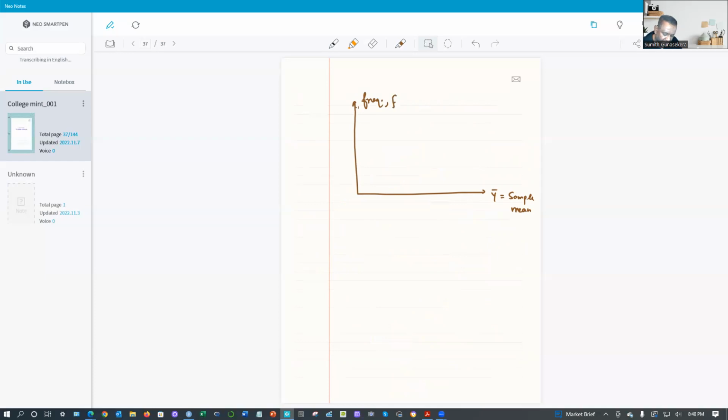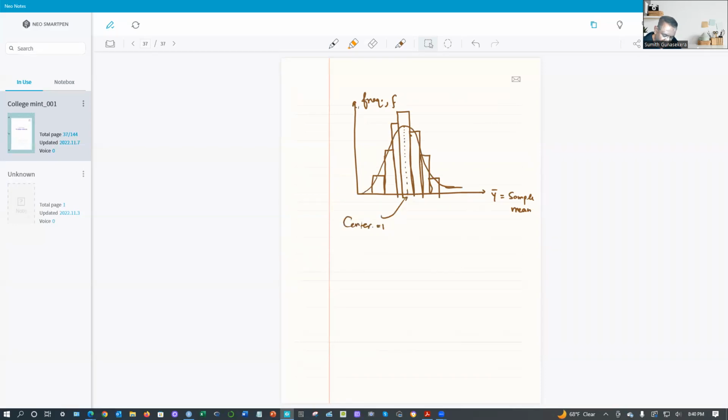When I draw the histogram, it looks like a symmetric distribution, as you can remember, something like that. Then you draw a smooth curve on top of that one. Then I go to the center.